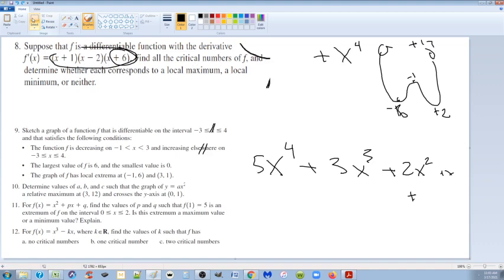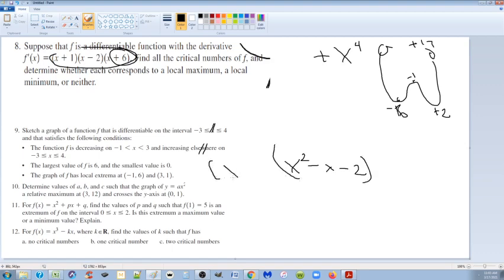But if they're saying that this was the exact derivative, what I would do is expand it first. And I would get this.